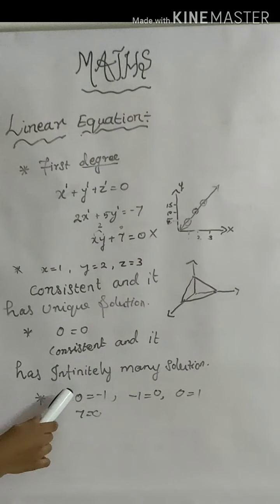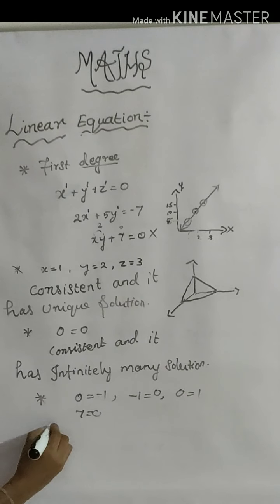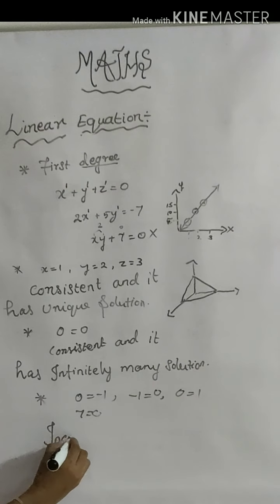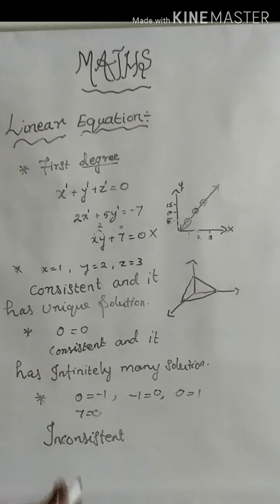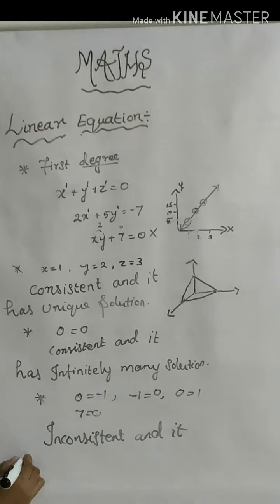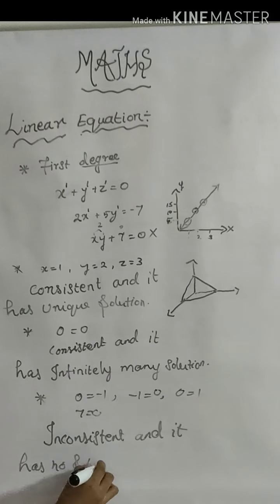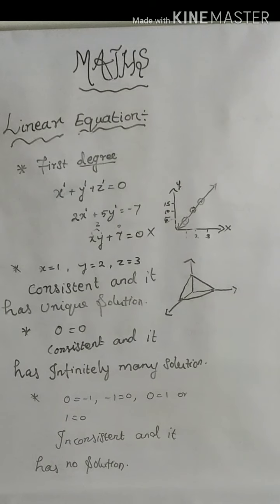Whatever the number, positive or negative, not only minus 1 and 1, it can be any number. But here we can observe that the left hand side and right hand side are not equal. If it is not equal, then we can say the system is inconsistent. If it is equal, then we say it is consistent. Only if it is consistent can we find the solution. If it is inconsistent, we can't find the solution. So the system is inconsistent and it has no solution.